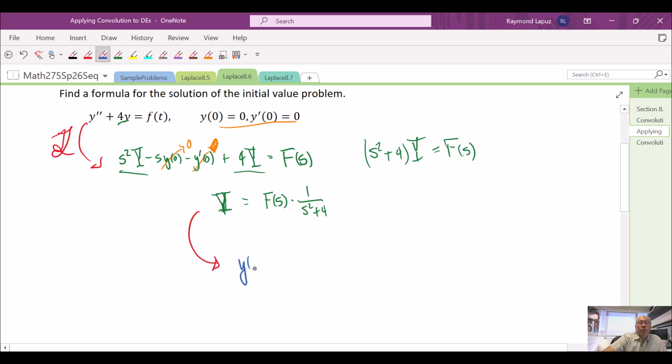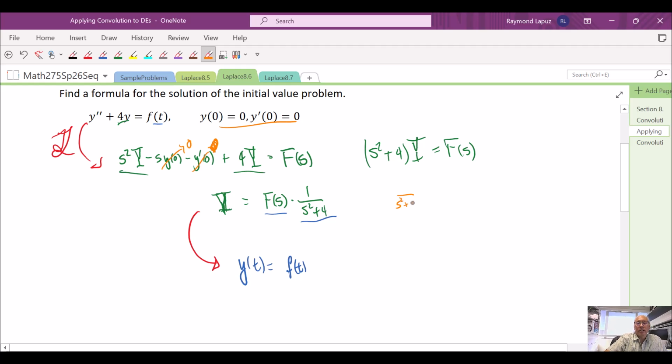Now we have y of t, and this is equal to the convolution of the transformation back from capital F. So that's just little f of t, that original function that we saw. And I don't know if you remember what this is, but I think the transformation for this requires just one little bit of a step.